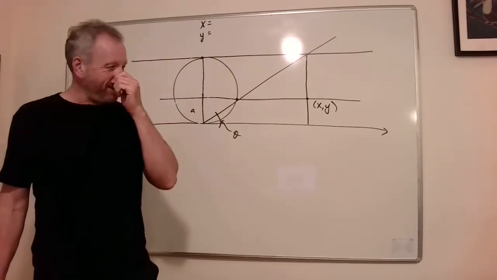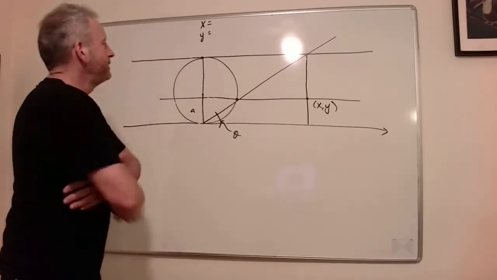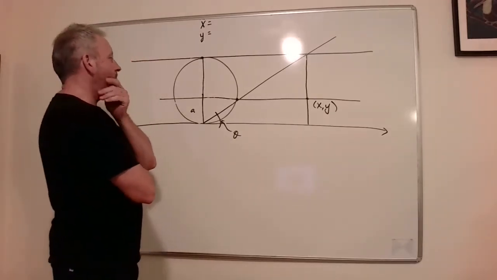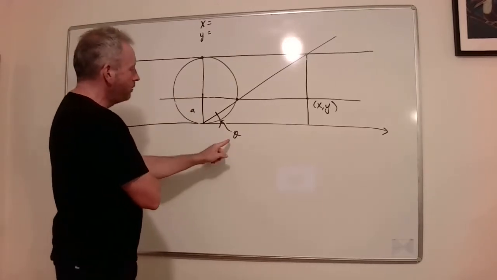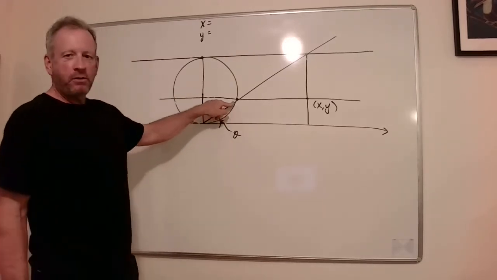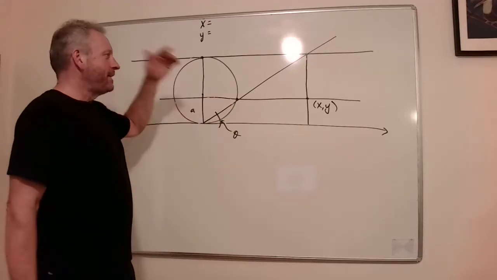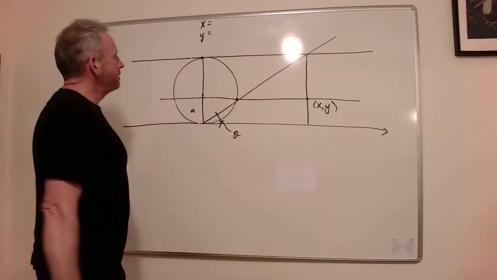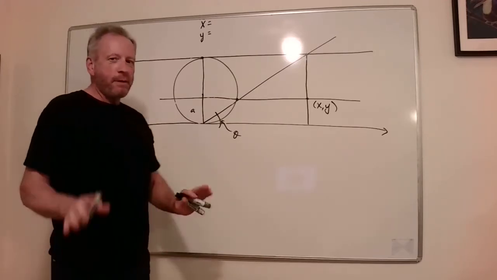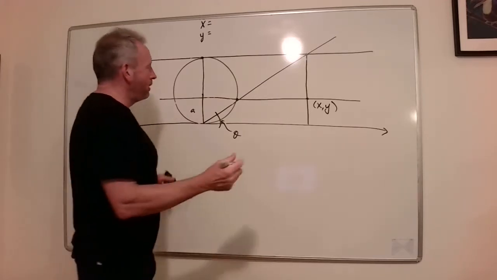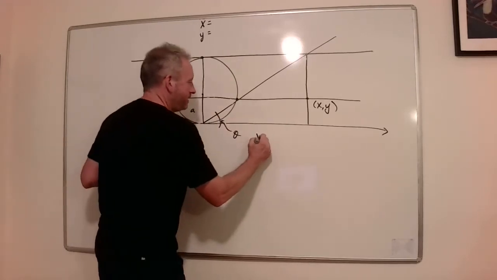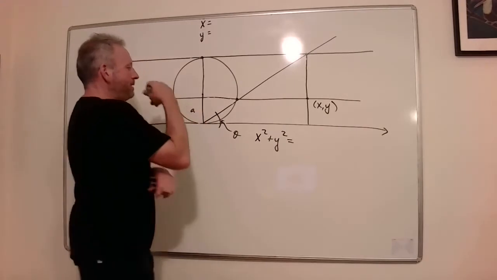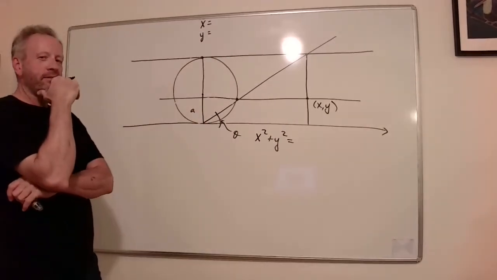This is a reasonable thing to do, but how on earth are we going to do it? Well, it would seem as though, given theta, we want to try to figure out what this point is. Yikes. Let's see what we can do. Well, this may be a regrettable move, but what's the equation of this circle? It's x squared plus y squared equals, wait a minute, is this how we write it?